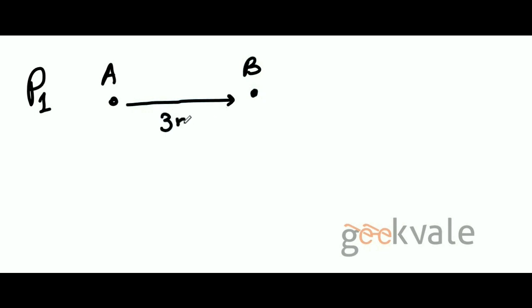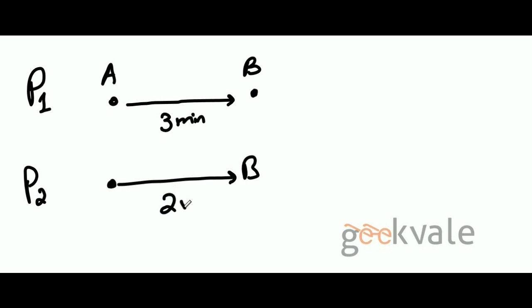Suppose a person, let's say person 1, is covering a distance from position A to position B, and he covers that distance in, let's say, 3 minutes. Another person, person 2, covers the distance from position A to position B in, let's say, 2 minutes.